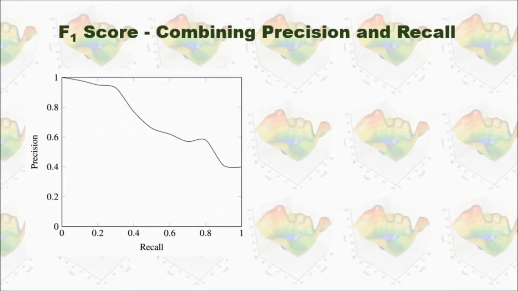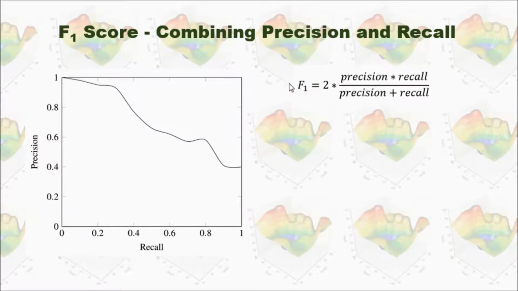Now let's consider the relationship between precision and recall. When recall is 0, precision is 1. And as recall increases, precision will decrease. So how can we combine precision and recall?